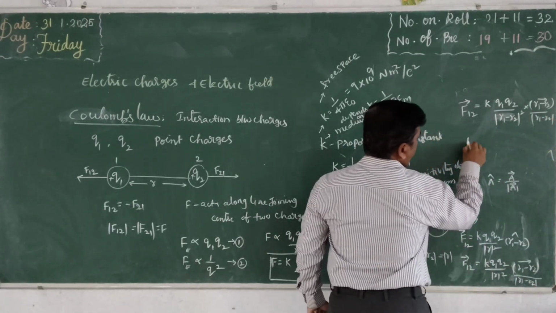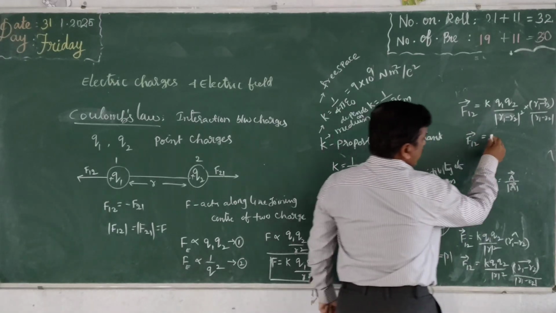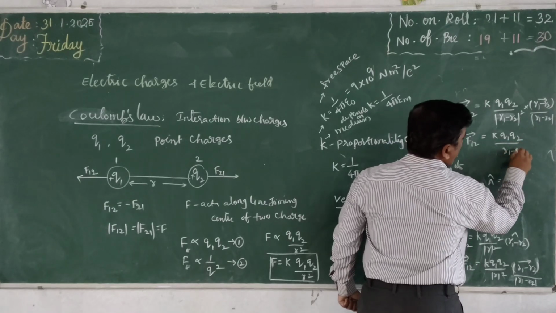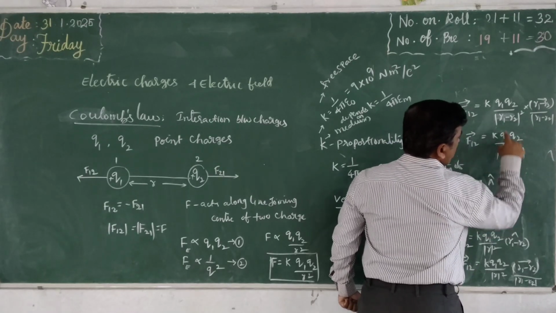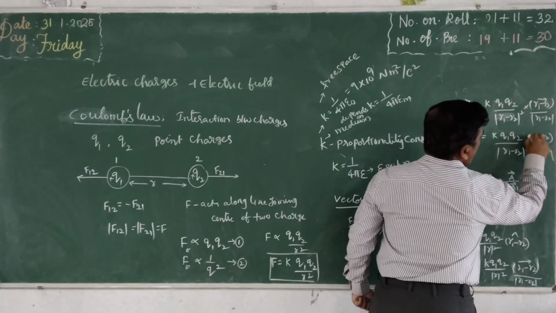So the force F12 between the two charges is K Q1 Q2 by modulus of R1 minus R2 cubed, times R1 minus R2 in vector form.